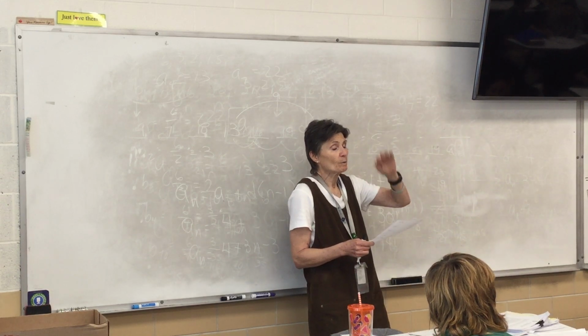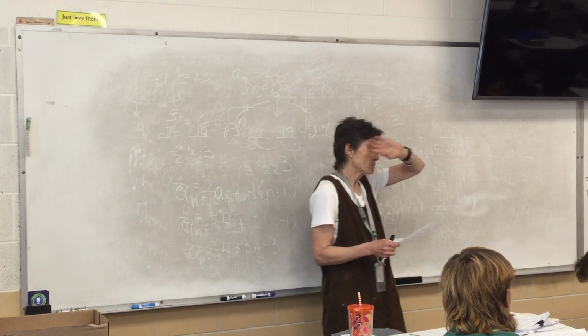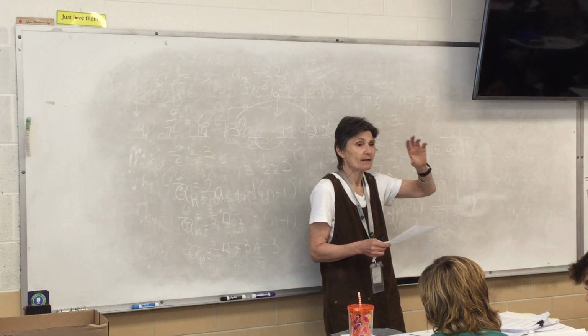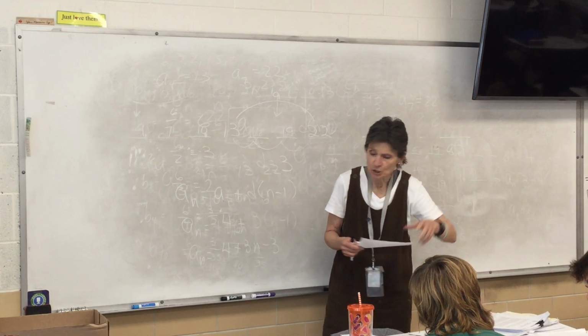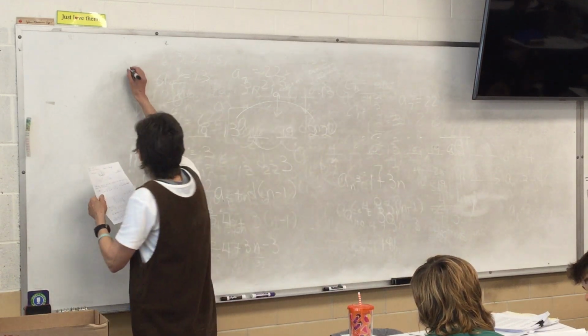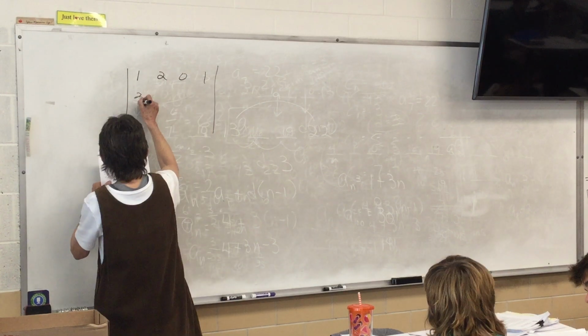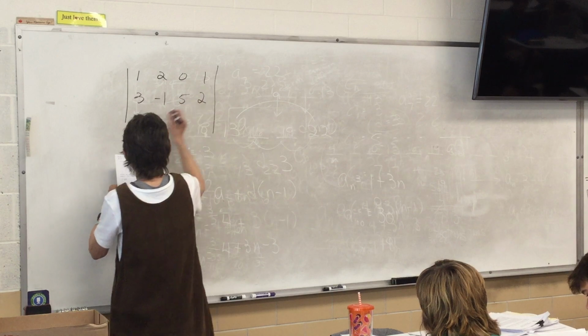So when we did this, we just picked the top row and we expanded on that. But then we decided that it is smarter to choose the row that has the most zeros in it, because that will greatly cut down on our work.